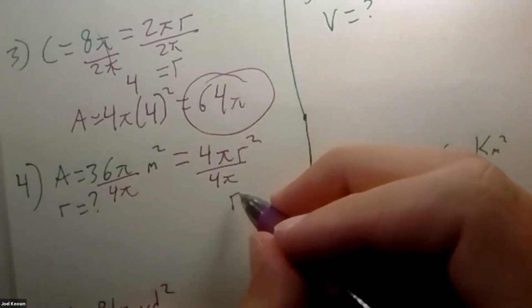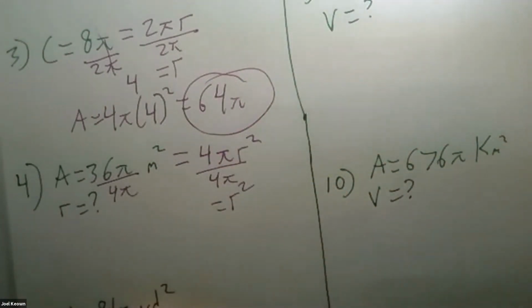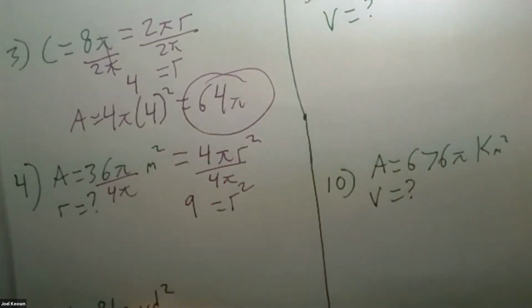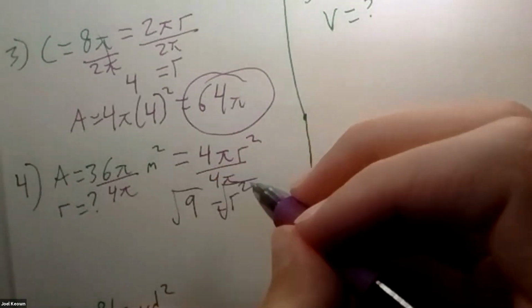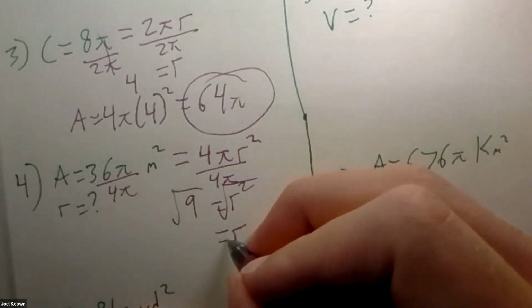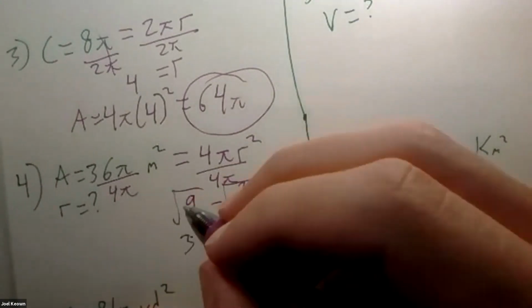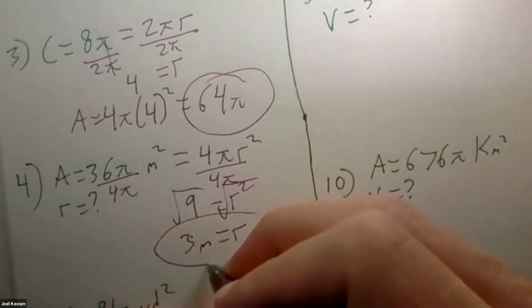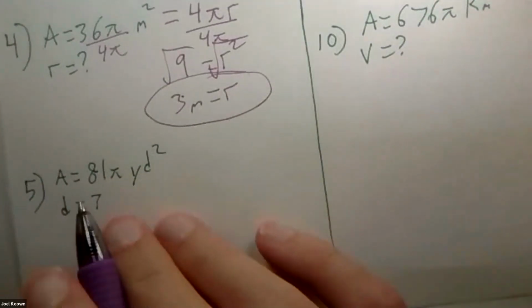Okay, and that's going to give me r squared equals, well, the pi's cancel out, 36 divided by 4 is 9. And then, well, it's r squared, so I need to take the square root, and I get r equals 3. And I did write down the unit here, so it's meters. 3 meters.